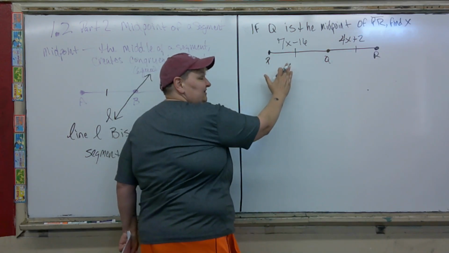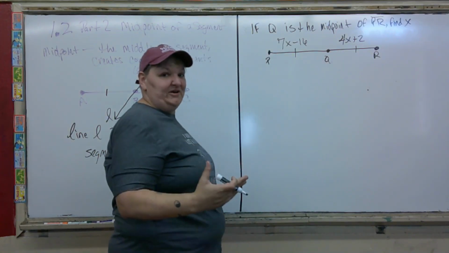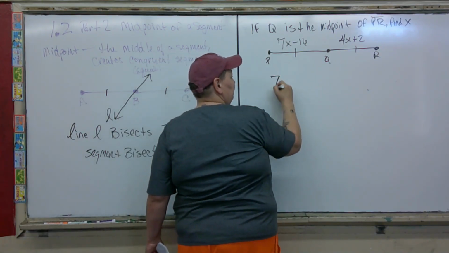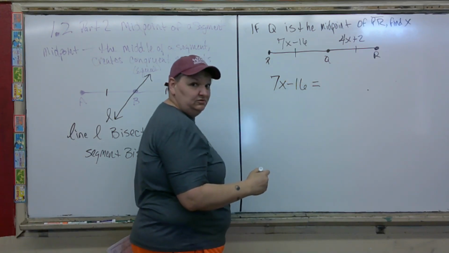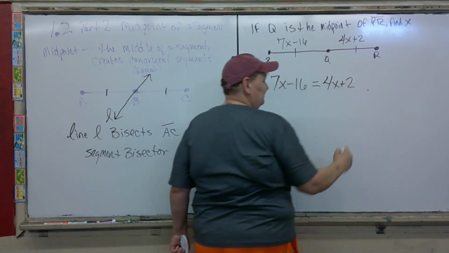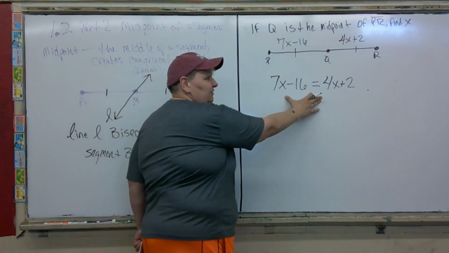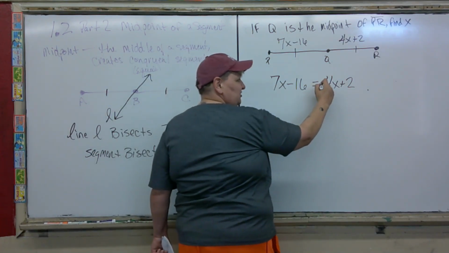If you know that this is equal to this, you can write the equation exactly like that. This is equal to this. Now it's just an equation. It has a variable on both sides, so we're going to cancel the variable term.